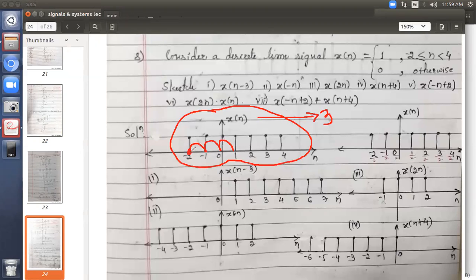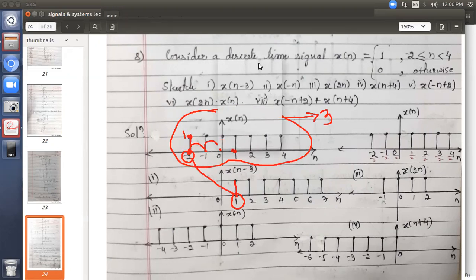The signal amplitude at -2, which is 1, is now at 1. That's why at 1, I have drawn amplitude 1. This time, -2 is now shifted to 1.